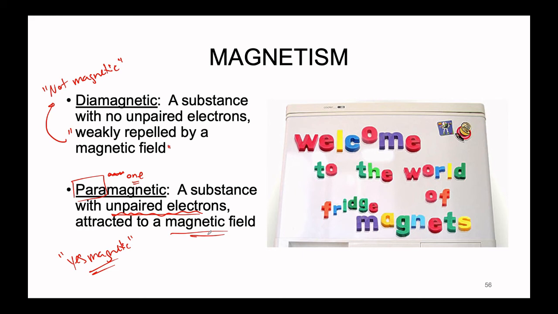Hence why then it ends up getting stuck to an object that is magnetic, because it's more stable for the electron that way. All right, so the paramagnetic substances have unpaired electrons. And as previously stated, when we first started this whole conversation, we were trying to figure out how it was that oxygen ended up being magnetic when other things weren't, particularly because according to its Lewis structure, everything was paired together.